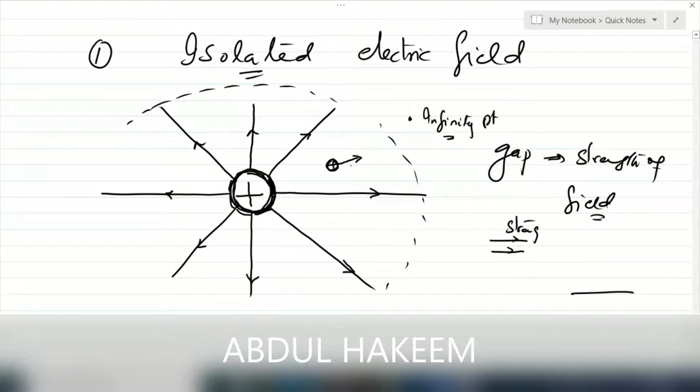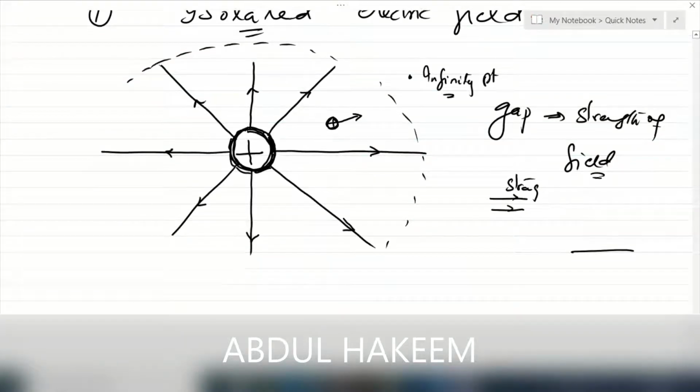So the direction of the force experienced by the test charge in electric field is the direction of the electric field. Look, this force is directed outward, so the field lines are outward.